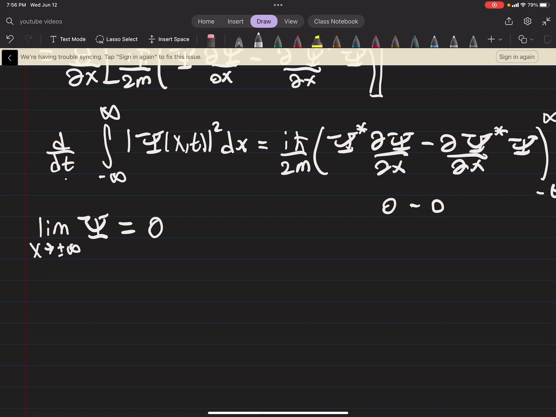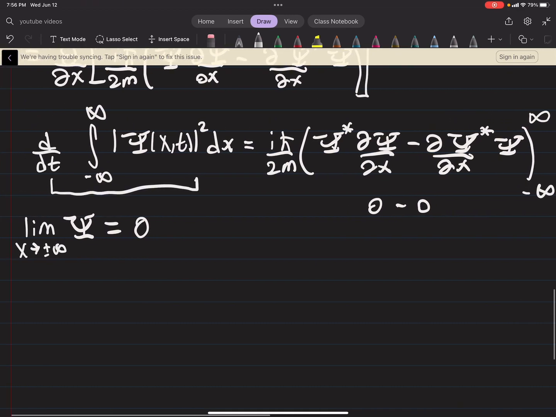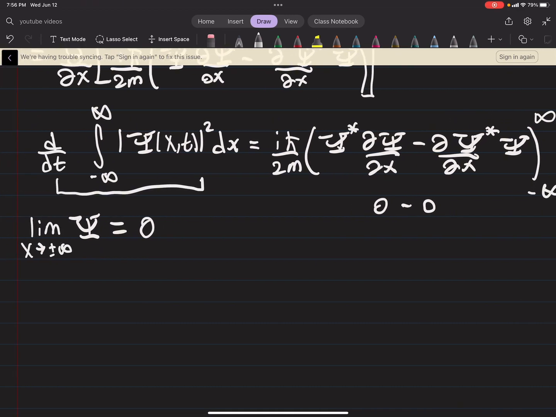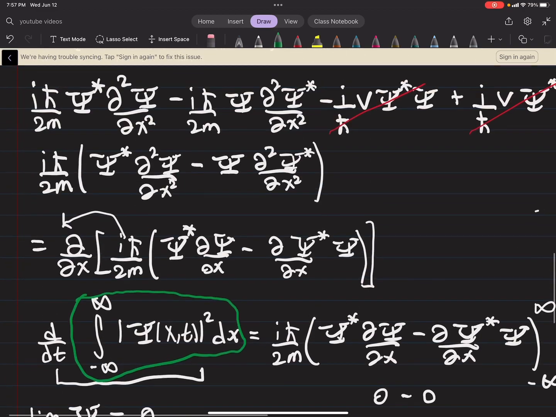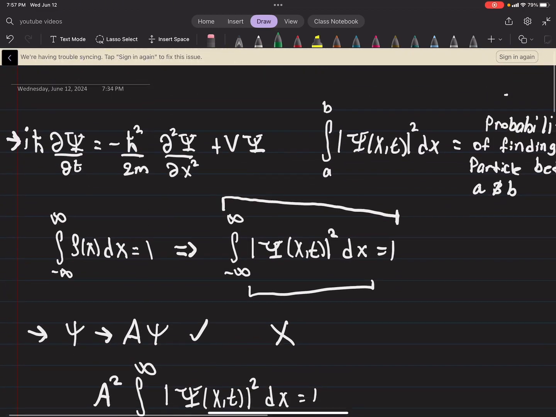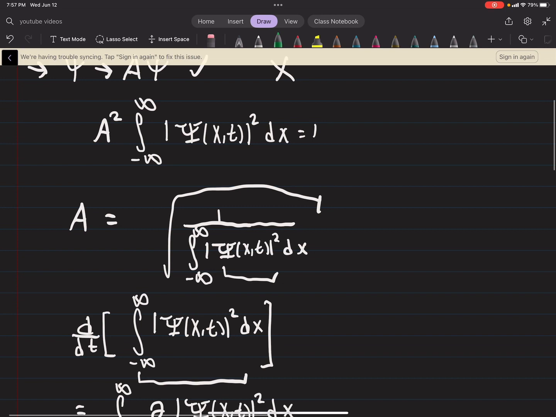So what we showed is that this whole thing is equal to 0, which is to say this whole thing is time independent. It doesn't change over time. That's what the derivative is telling us, which is exactly what we wanted to show, that A is not a function of time.